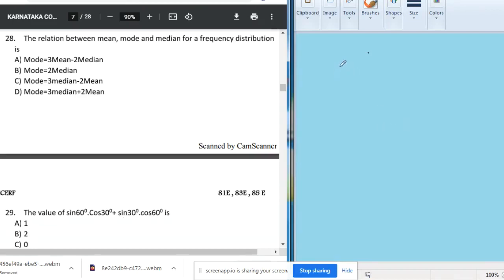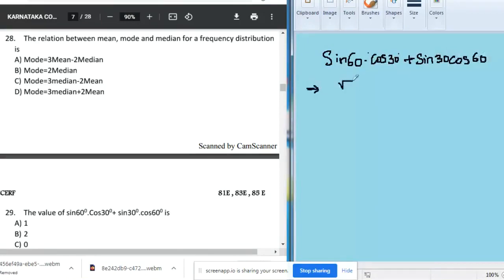So we are going to use the trigonometric angles here. Sin 60 cos 30 plus sin 30 and cos 60. So we are going to replace the values. Sin 60 value is root 3 by 2 and cos 30 value is also root 3 by 2. I have made a video on all the chapters' formulas.